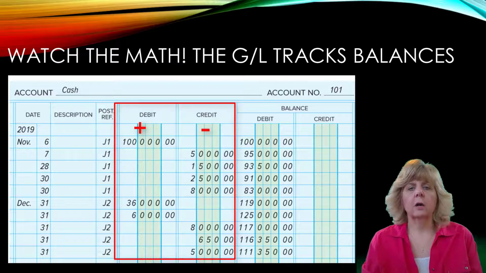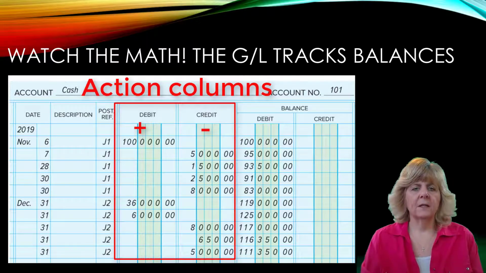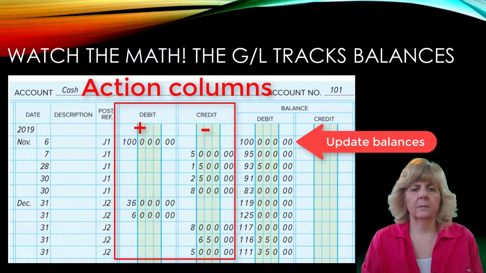Here's a picture of the completed ledger account for cash. Notice that in the action columns, the debits make the cash account go up and the credits make the cash account go down. After every transaction is entered, make sure you update the balance columns.